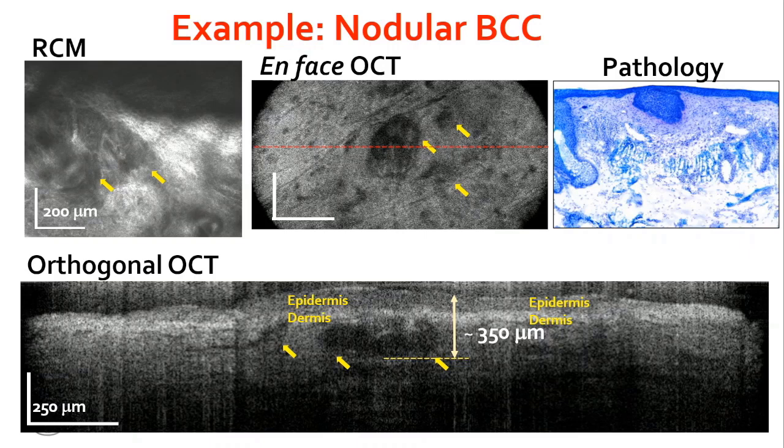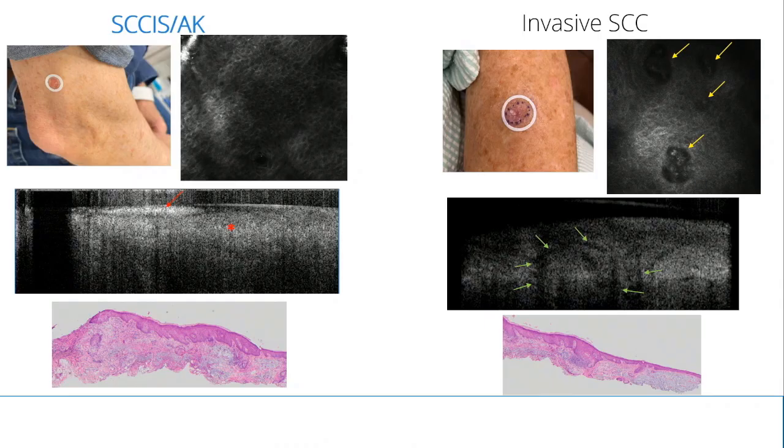And again, Dr. Tierney showed us some really nice photos of micro OCT. As we push the technology farther, we're going to get better resolution and better scanning speeds as well.